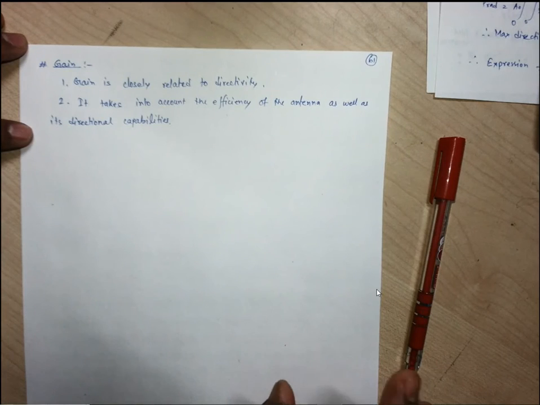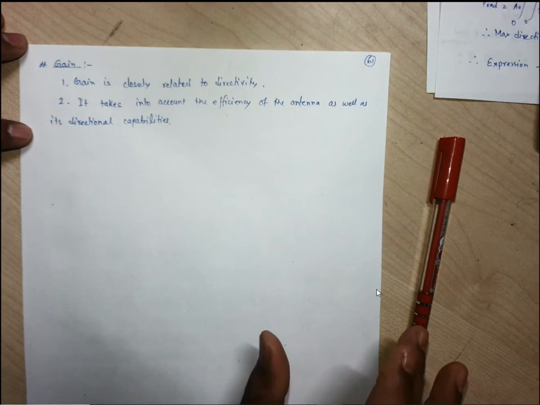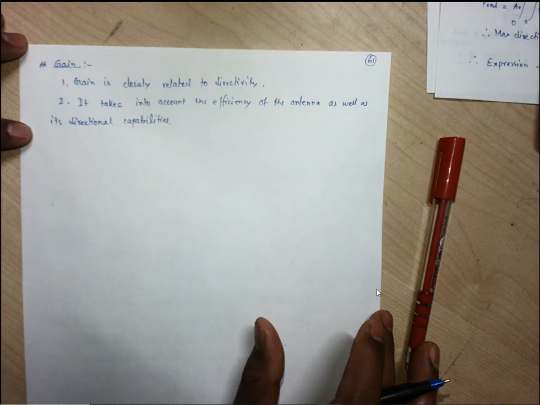So directivity says in a particular direction how much power is radiated, compared to an antenna which radiates power in every direction. So let us consider the absolute gain.